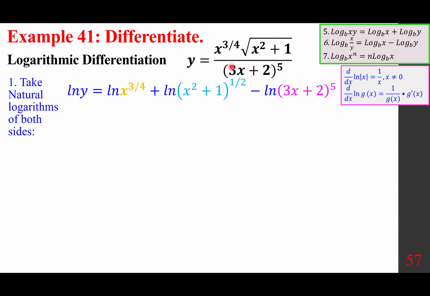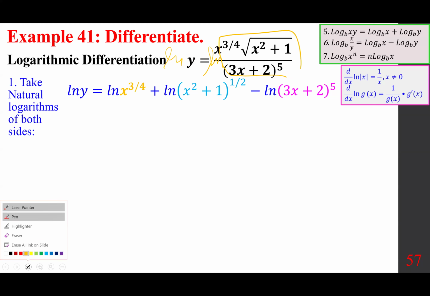You're going to take the natural log of this. Let me write it down. So we have ln of the left, ln of the right. This one, you have to cut it into pieces. Ln of this piece plus ln of this piece minus ln of this piece. And this one, we're going to write it as x squared plus 1 to the power of 1/2. That's why we have.